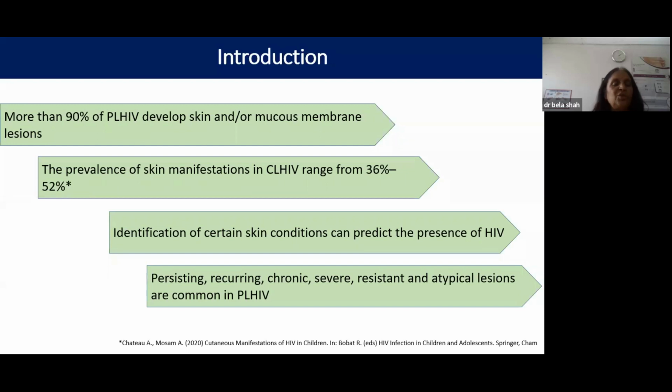Finally, persisting, recurring, chronic, refractory lesions, severe lesions, and atypical lesions can be seen in patients who are seropositive.